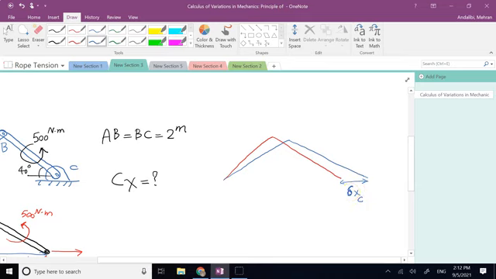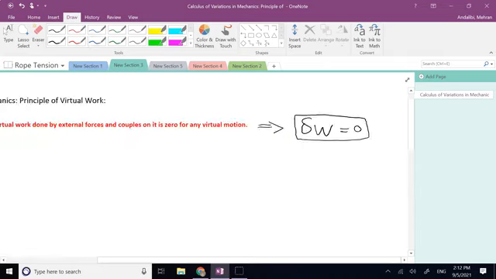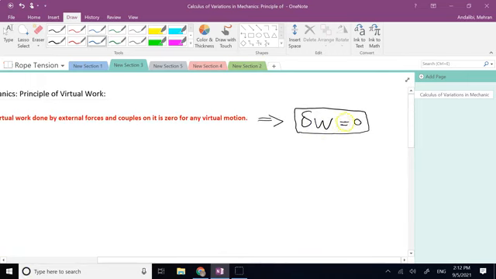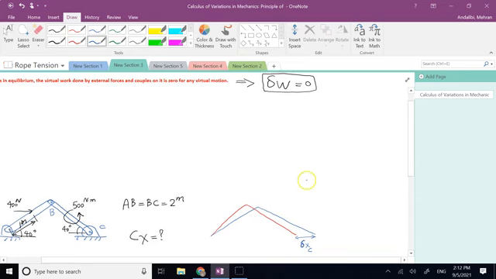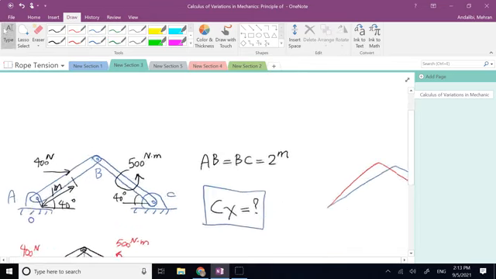Now, in this virtual motion, what is the total work done by the external forces of the system on the system? We calculated, we add them all together and we set it equal to zero. That gives us an equation, and that equation hopefully can help us solve for this unknown Cx. Okay? Now, several things here.